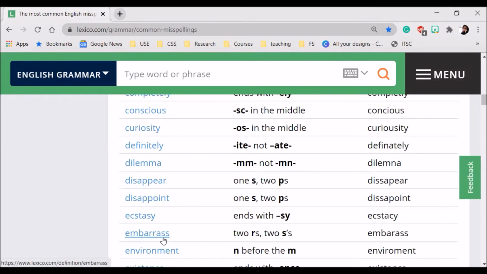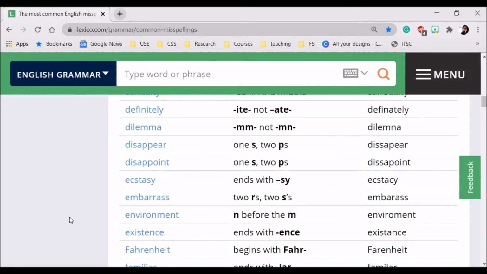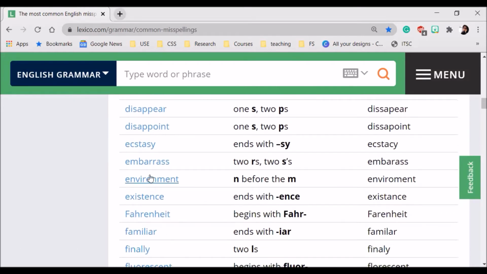After that, we have embarrass. Okay, so what we have to remember is to avoid any embarrassment, we have two R's and two S's. Then we have environment, and that again is such a common mistake because since N is silent here, many people would omit the N and just write ment. Okay, like here.